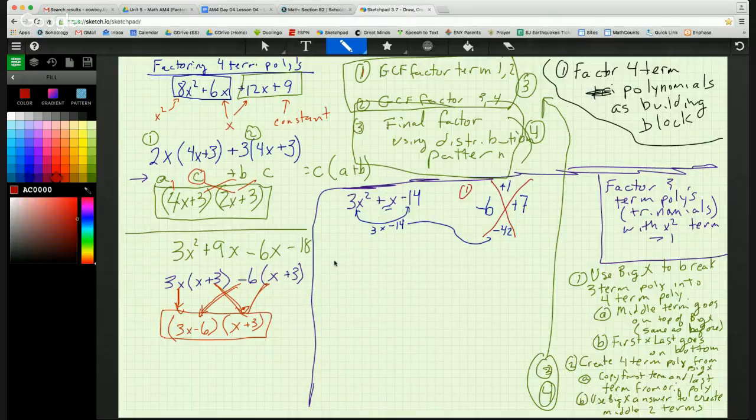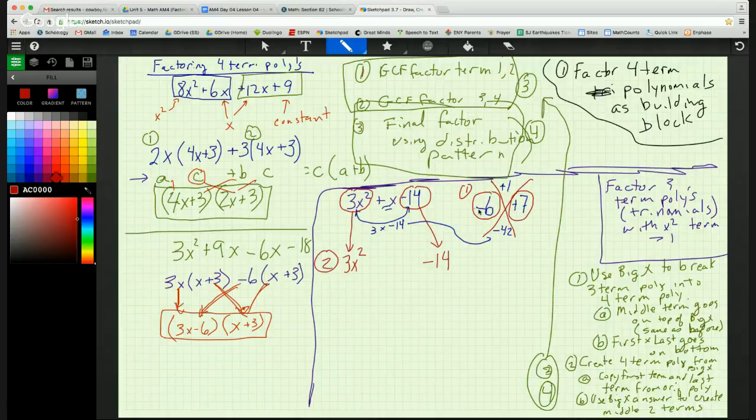So step 2 says we're going to create a 4-term poly from this. When we create the 4-term poly, we're going to copy the first term and last term from our original poly. So we're going to take this one down. That's our first term, 3x squared. And we're going to copy our last term, -14. Now, our middle term is going to be comprised of our answers from the big X, and we're going to put an x on the back of them.